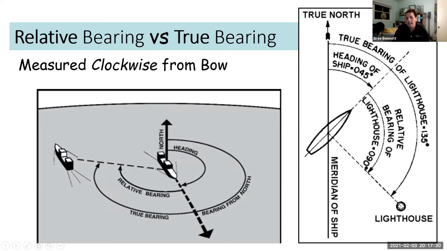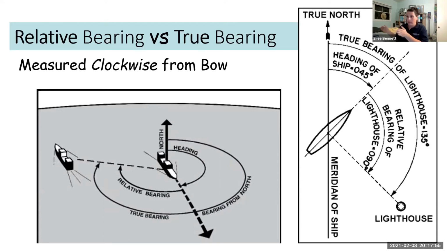If I had a lighthouse here and it's, you know, at my 3 o'clock, if you will, or it's on my starboard beam, that's going to be relative to my heading. My bow, it's 90 degrees to starboard. That's my relative bearing.